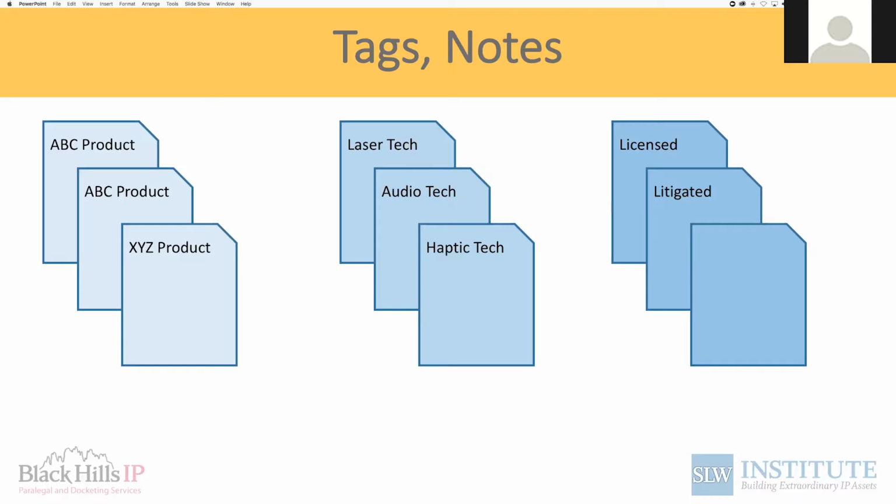I really recommend categorizing by product or by technology, and if you categorize by technology, which is sometimes even easier than product, then you can take that technology categorization and apply it to your product lines in order to get a match between your patents and your product lines.